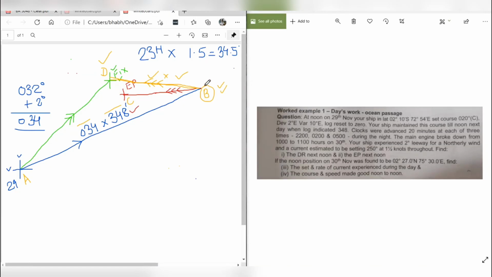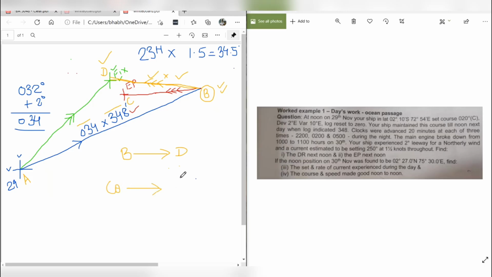ओके, तो पोजीशन B हमारे पास आ जाएगी। तो पोजीशन B और D दोनों जब हमारे पास हैं, अब हमें फिर से plane and parallel sailing को अप्लाई करना है। And now what we have to do is, दोनों पोजीशन हमारे पास हैं, we have to find out the course and distance between them. So B to D, the course will be?